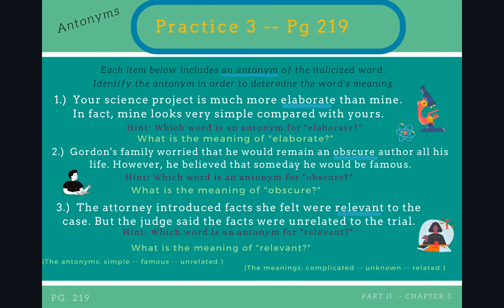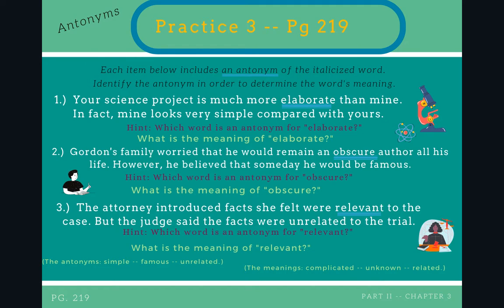All right, let's look at practice 3. You'll see this on page 219. So this activity is just a little bit complicated because it's asking us to do sort of a 2-step process. So again, we are paying attention to antonyms, which are words that mean the opposite of something. So for each item below, there's going to be a word that's in italics, and that's the key word that we're trying to define.